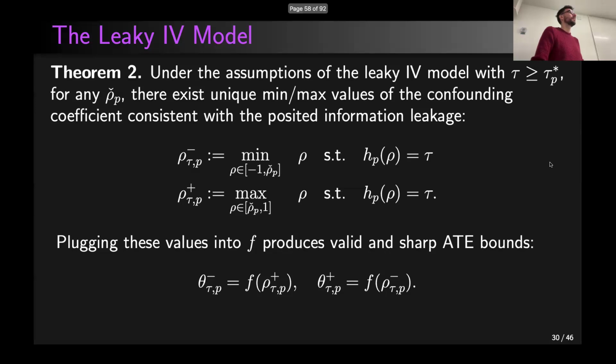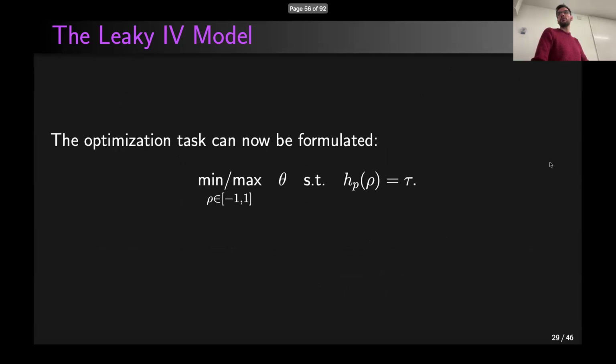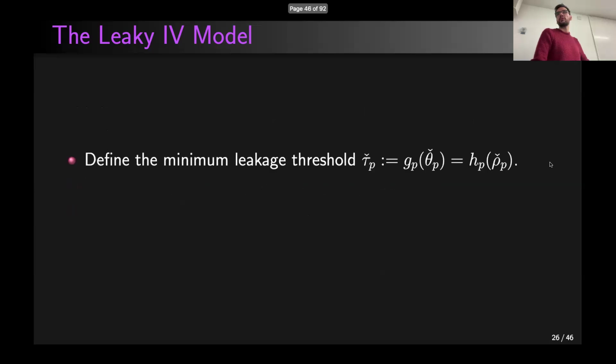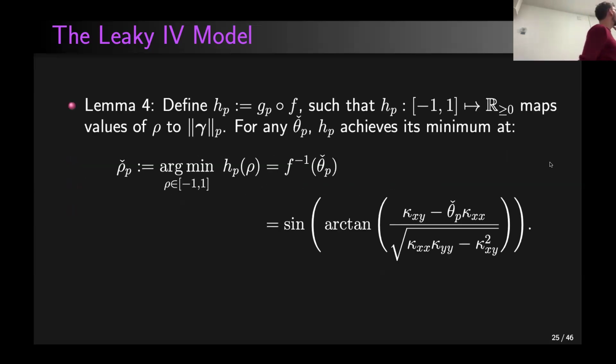Sorry, can you remind me again, what does the constraint mean? What does HP of rho equals tau mean? Remember, HP is the composition of G and F. So HP is the function that when you give me a rho value, spits out the corresponding gamma norm.